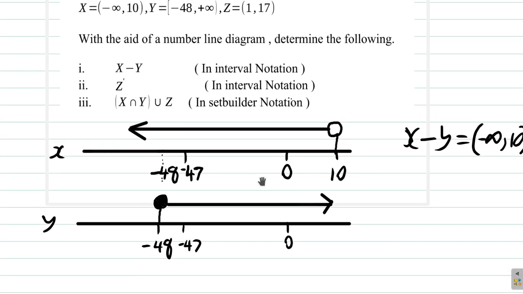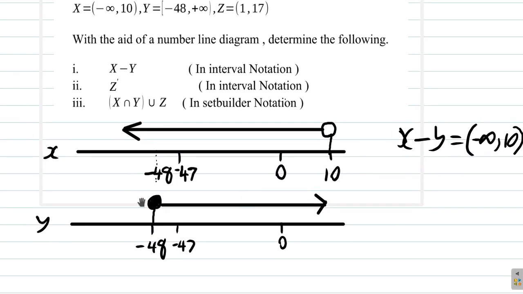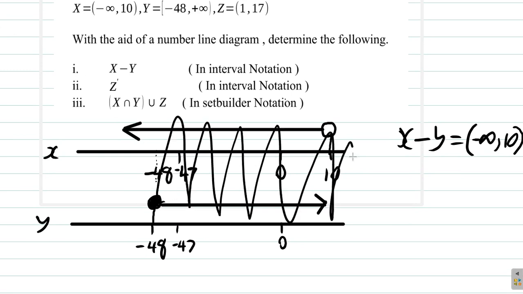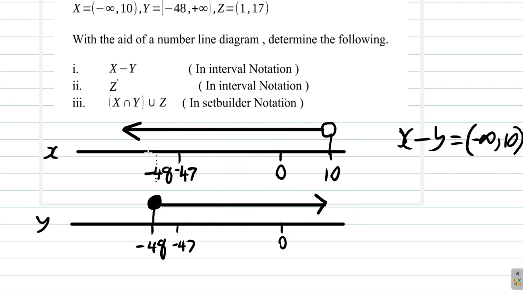But here, we can see that once we remove this overlap, the only values we're looking at are from negative 48 below.